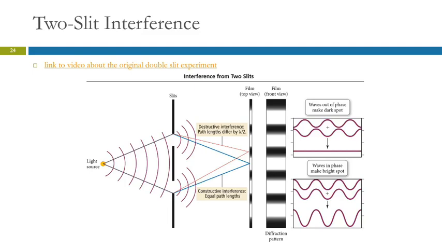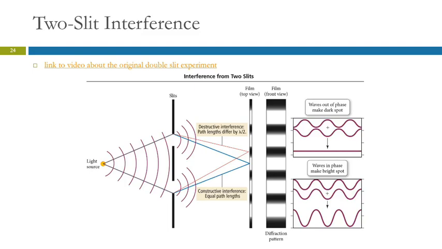In other places, the crest of one will run into the trough of the other, and they'll cause destructive interference. And so if we put a piece of film and allow the light coming through those slits to shine on the film, what we see is a pattern of light and dark bars. And this is from the interference of those diffracted light waves.